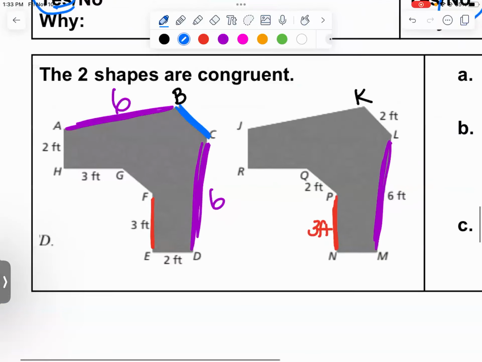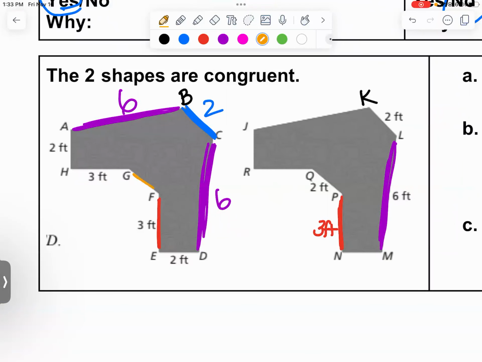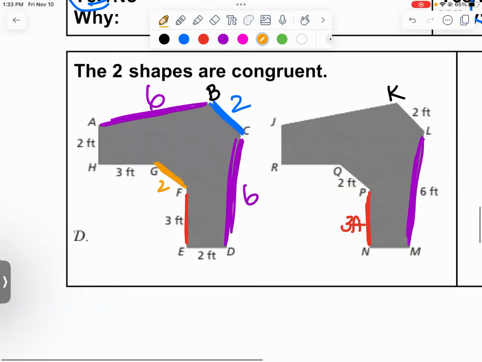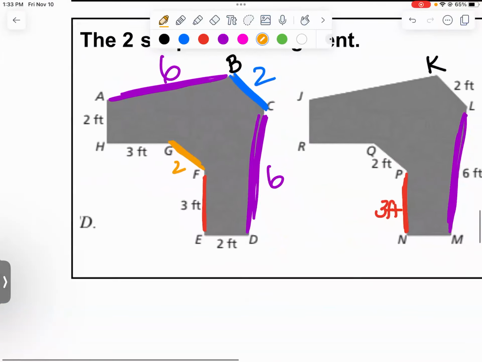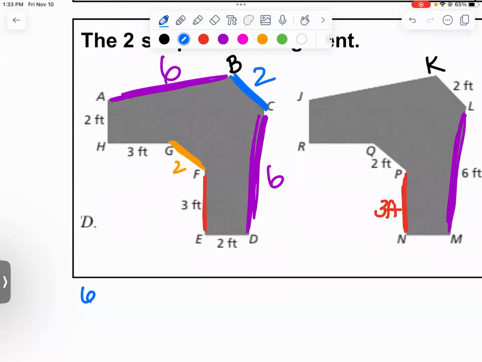Okay, that's 2 feet. And what about this orange one right here? 2 feet. Oh, that's 2 feet. Okay, so let's take this figure right here and let's add up all the sides. So it looks like we have 6, 2, 6, 2, 3, 2, 3, 2.